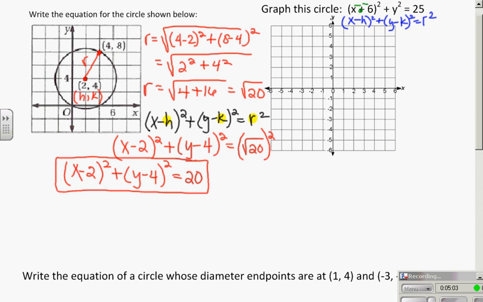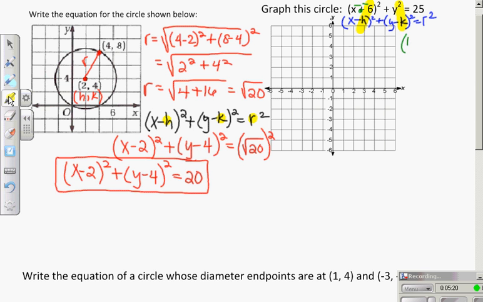That still fits my formula because now the minus makes it very clear that my h is negative 6. There doesn't appear to be anything being added to the y squared, so that makes the k 0. So (h, k), my center, is at (negative 6, 0). Now if r squared is equal to 25, then r is 5.